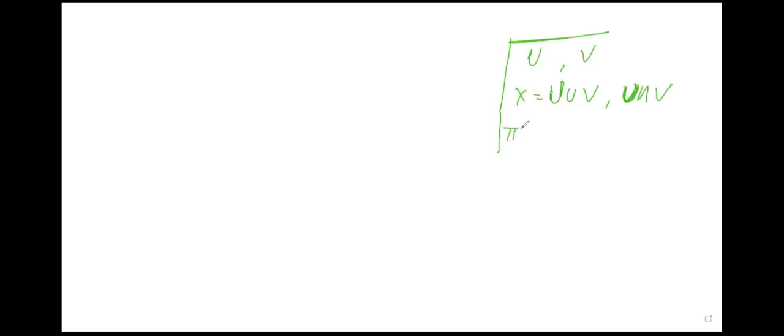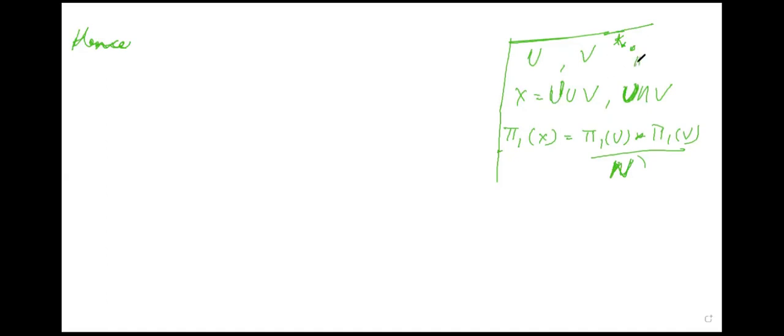So you have that pi1 X is the free product of pi1 U and pi1 V. Because by using Van Kampen theorem, the quotient N will be generated by elements i alpha beta omega, i beta alpha omega inverse, where omega is from pi1 of U intersection V, but this is the trivial group.